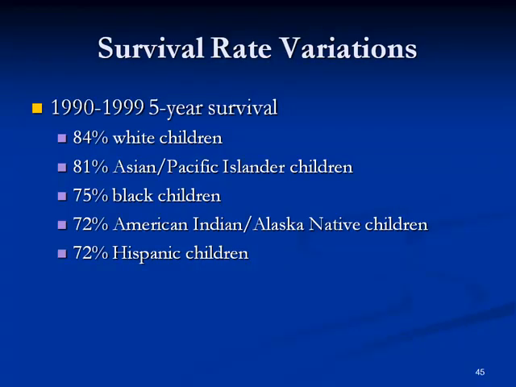So one of the things that we look at, we talked about this a little bit last week when we talked about neoplasia in general, but the 5-year survival rate is something that we track pretty closely in cancers. And this is data from 1990 to 1995.